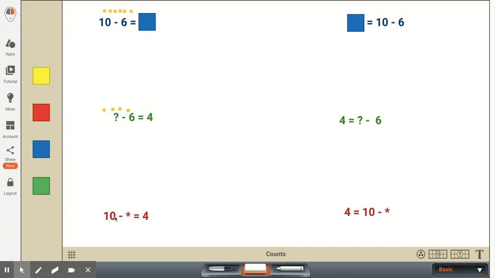And once again, for our students that know they need to be subtracting something from 10, but they really don't know what they're going to be needing to subtract, they may count down from 10 to get to 4. So if they're counting down from 10, it'd be 9, 8, 7, 6, 5, 4.